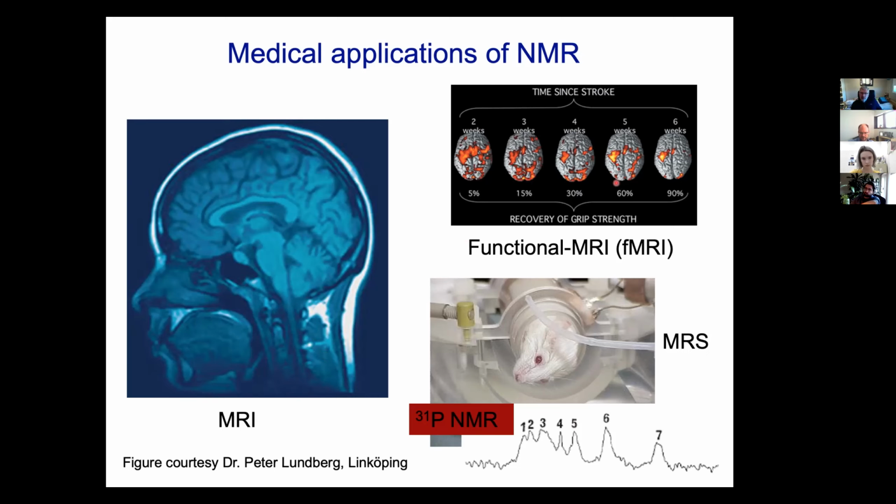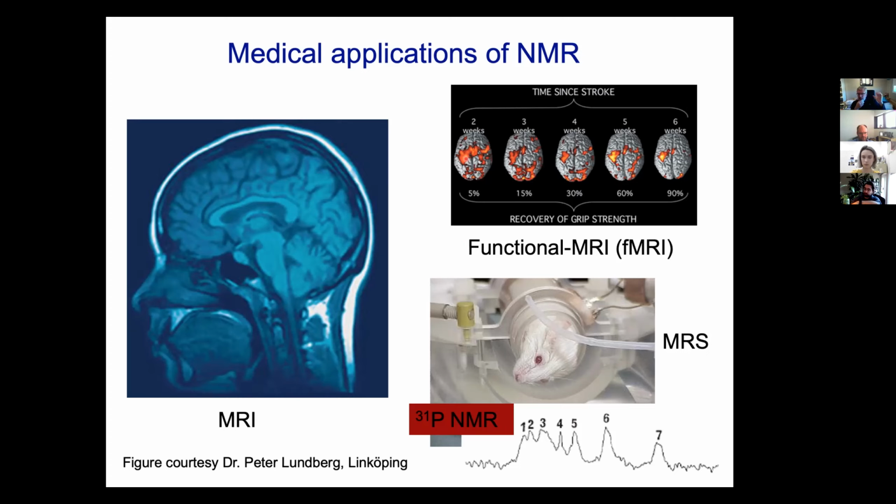There's a variant of MRI called functional MRI, where they can actually see. This is actually looking at a brain from somebody who's had a stroke. And this person is now being tested every week and has to do gripping a ball and squeezing it.